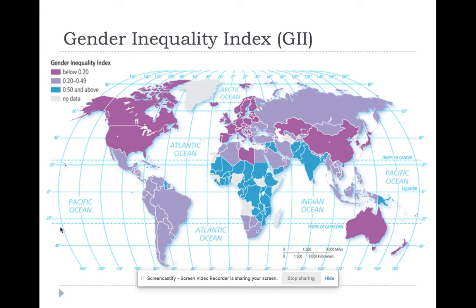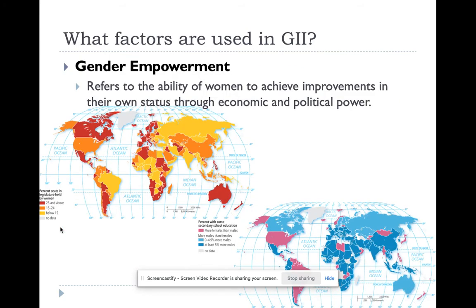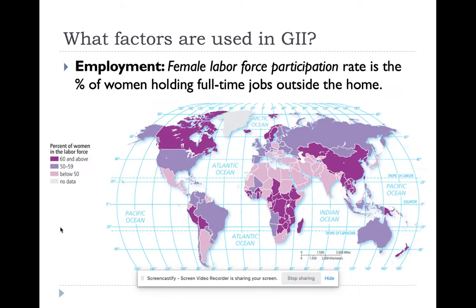So we are looking at that correlation between closer to equality in developed places and further away from equality in developing places. So again, things to think about: gender empowerment, the number of women who are able to achieve economic and political power. How many CEOs are women? How many legislators are women? How many executives are women? Things like that. Also looking at employment, right?